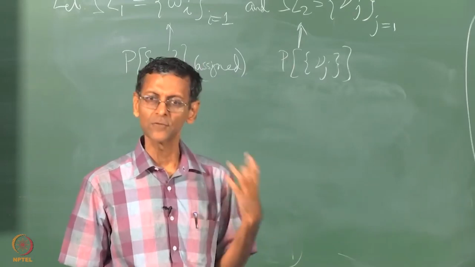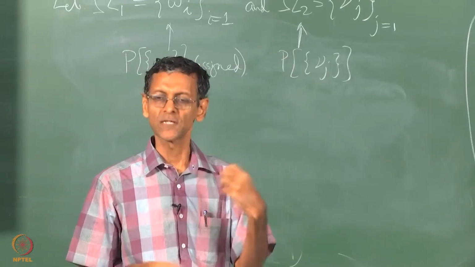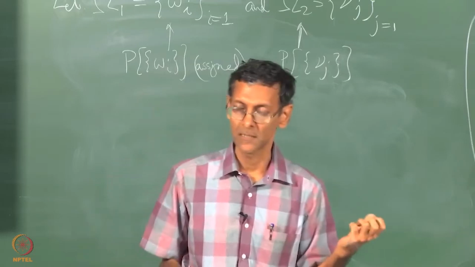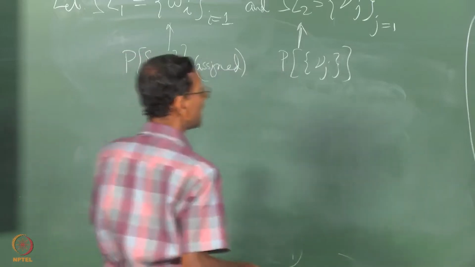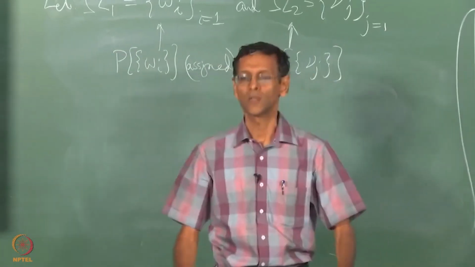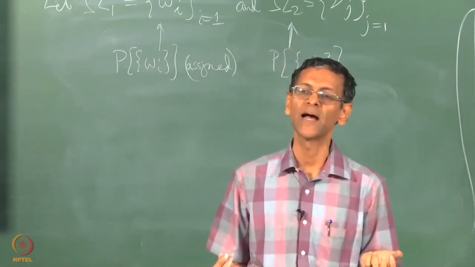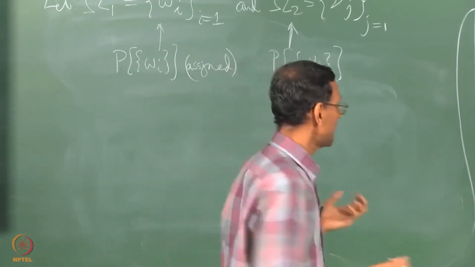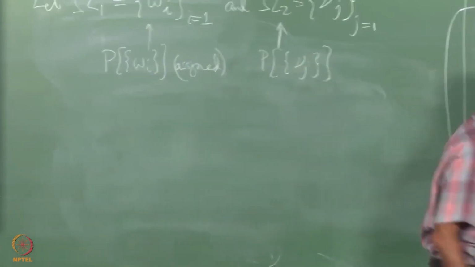We have already said that we are going to start by assigning probabilities to all the sample points of the discrete space. So now here we have the new point, the overall ordered pair omega_i comma nu_j, and the experiments are known to be physically independent.